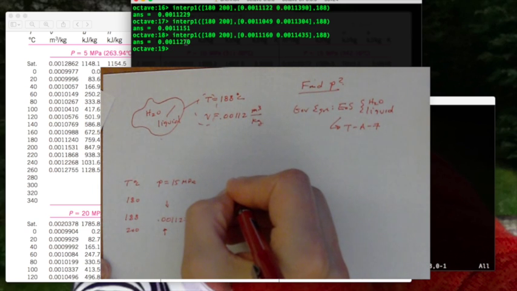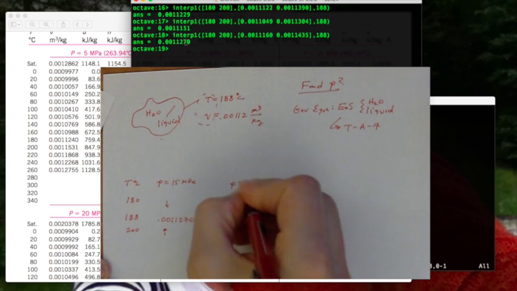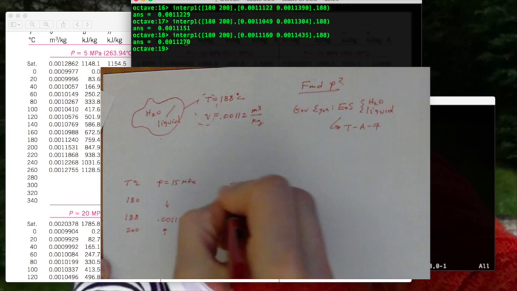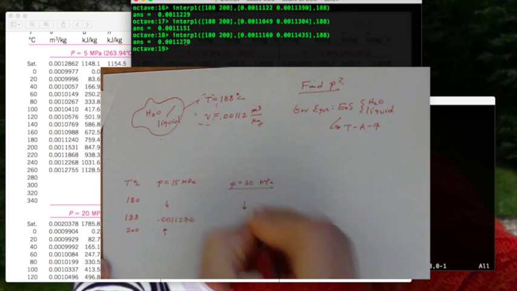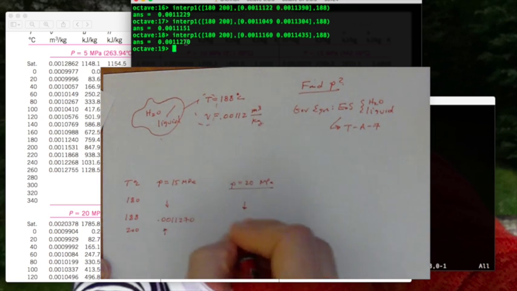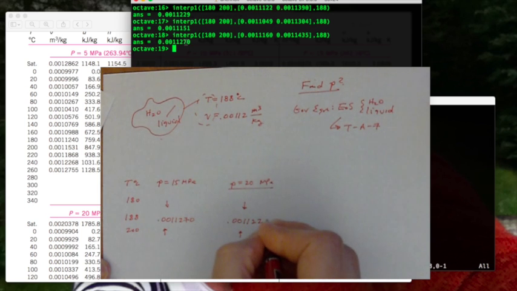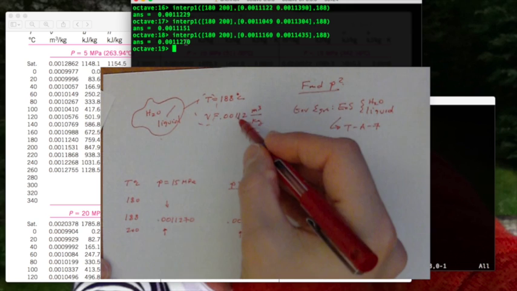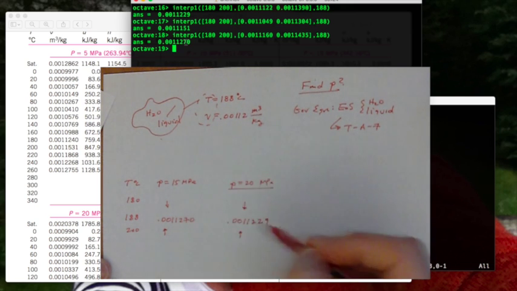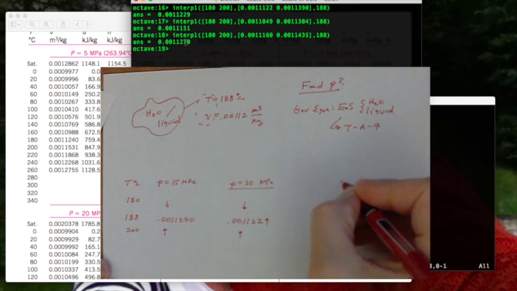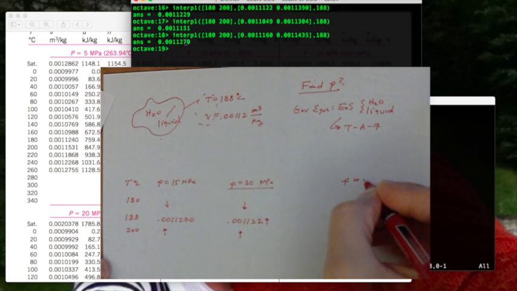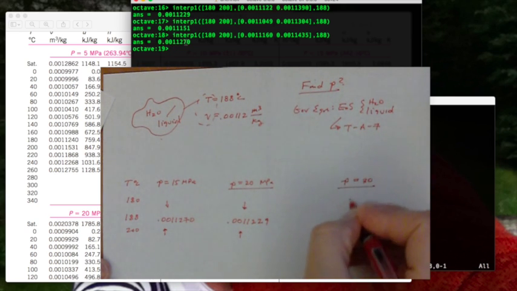And then at my pressure of 20 megapascals, interpolating between the values at 180 and 200, I got the number 0.0011229, still bigger than my desired value of 0.00112.